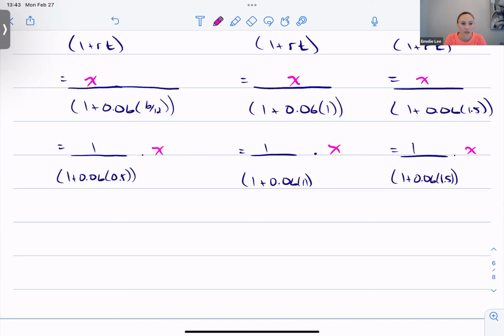So what I need to do is solve for each of these fractions, and I'm going to need to keep them. I'm going to need to store these values.